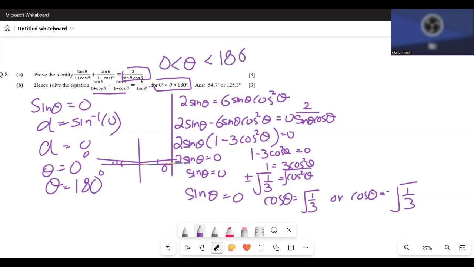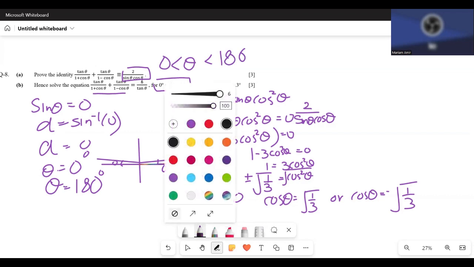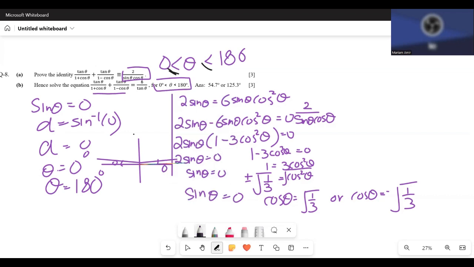It's not greater than or equal to and less than or equal to. If the question had included the equals to sign here, then these would have been our solutions. But since it did not, we will not be writing these as the final answer. We just say that these are out of the domain, so we do not include them.